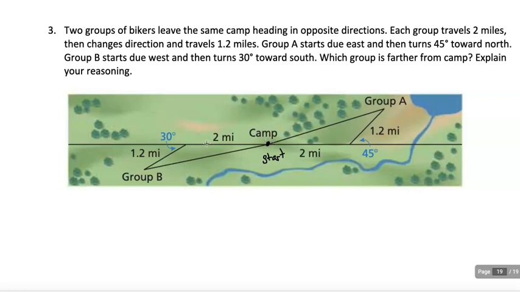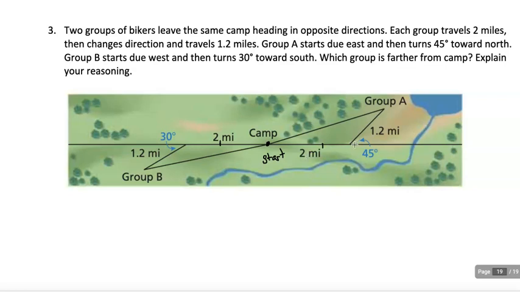So the first group goes 2 miles to the left, and this one goes 2 miles to the right. Then group A starts due east and then turns 45 degrees.